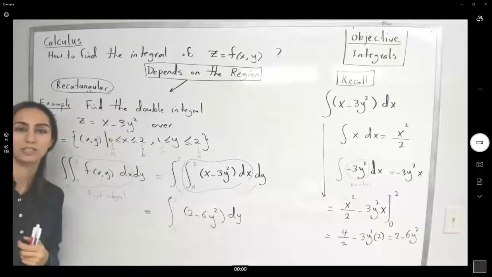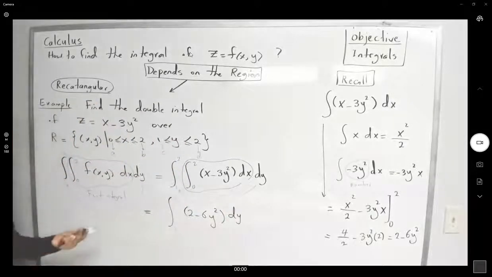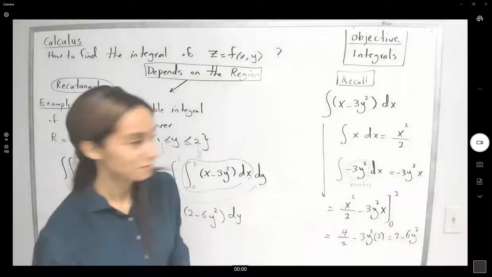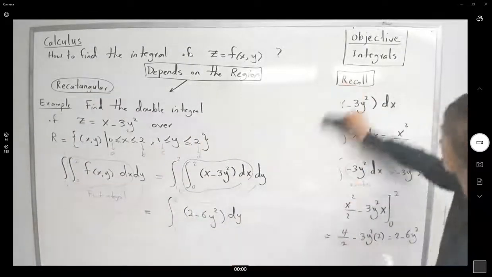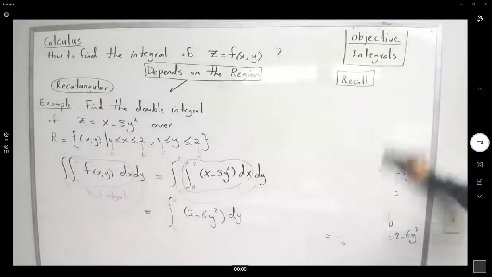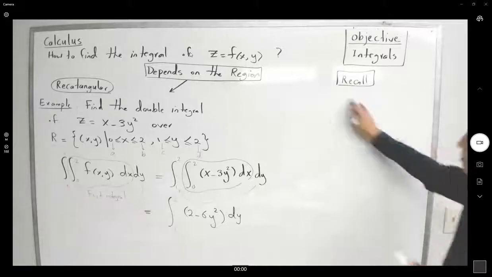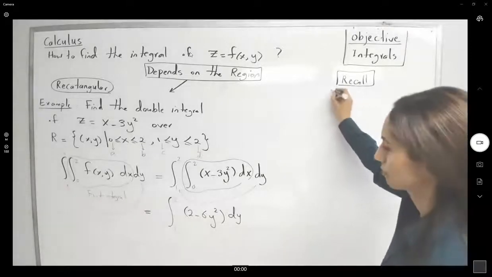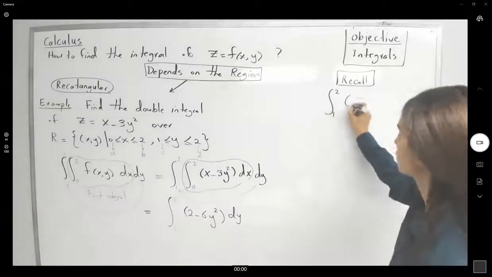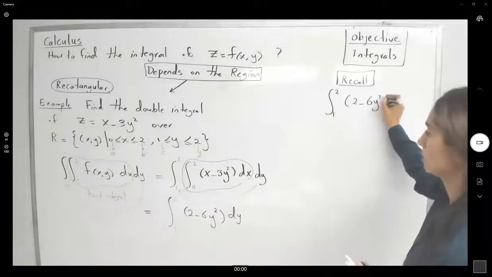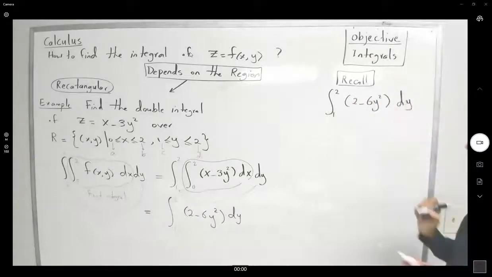Now we start taking the integral with respect to y. The integral from 1 to 2 of 2 minus 6y squared dy.